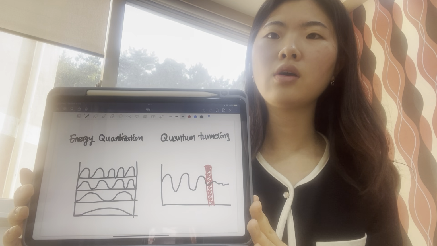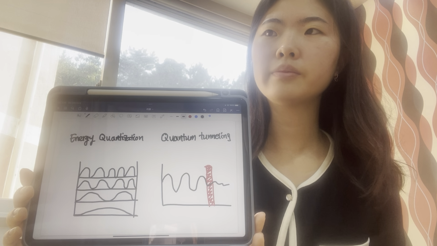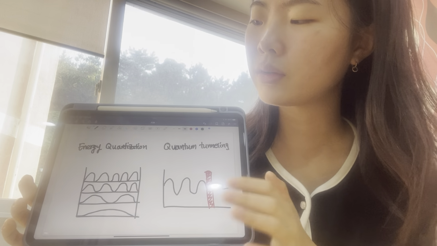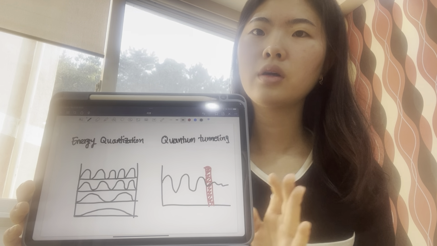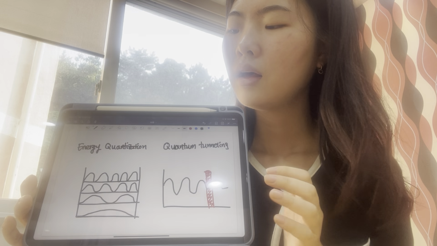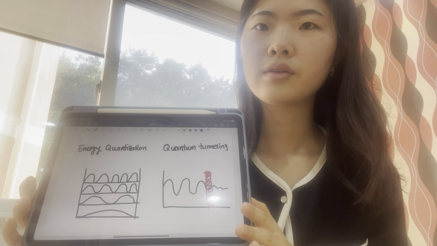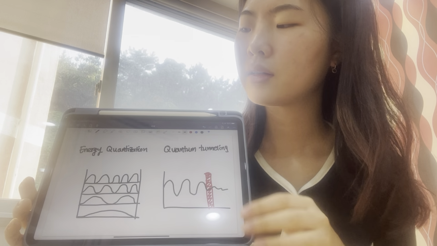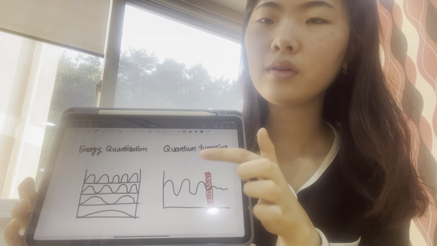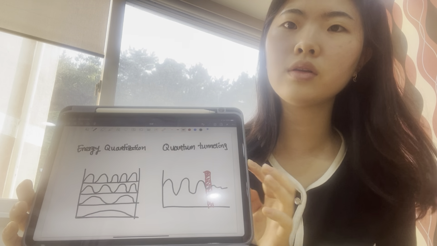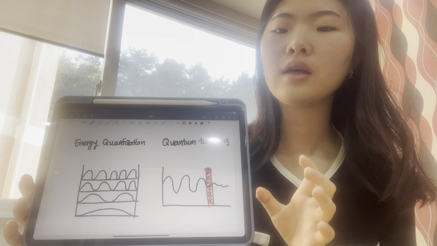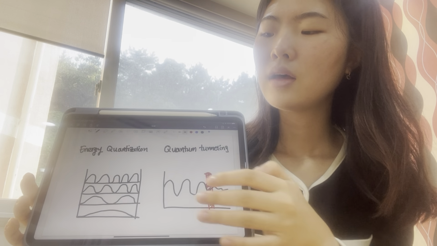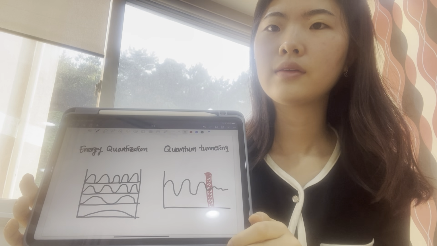And then let's talk about the quantum. The electron or something else has special characteristics like energy quantization and quantum tunneling. So every electron has those 2 things.